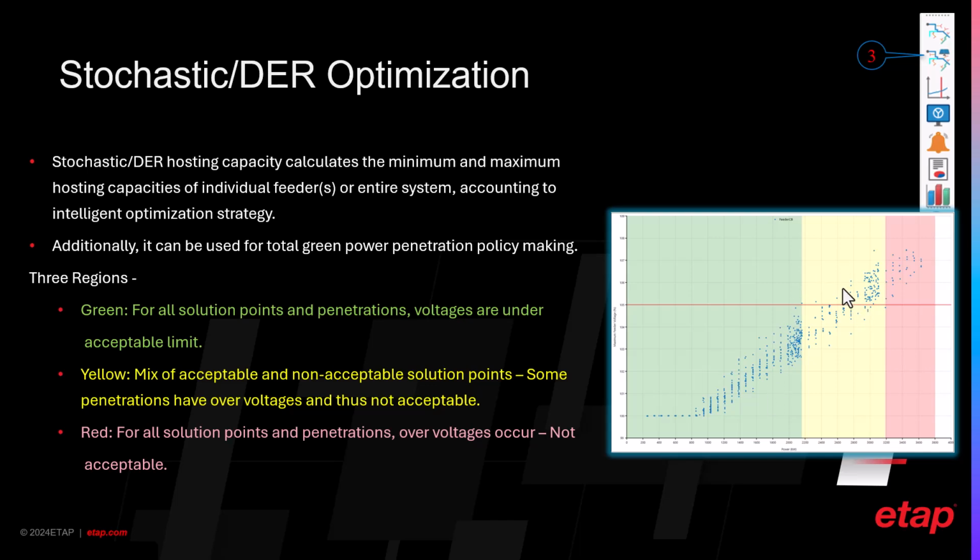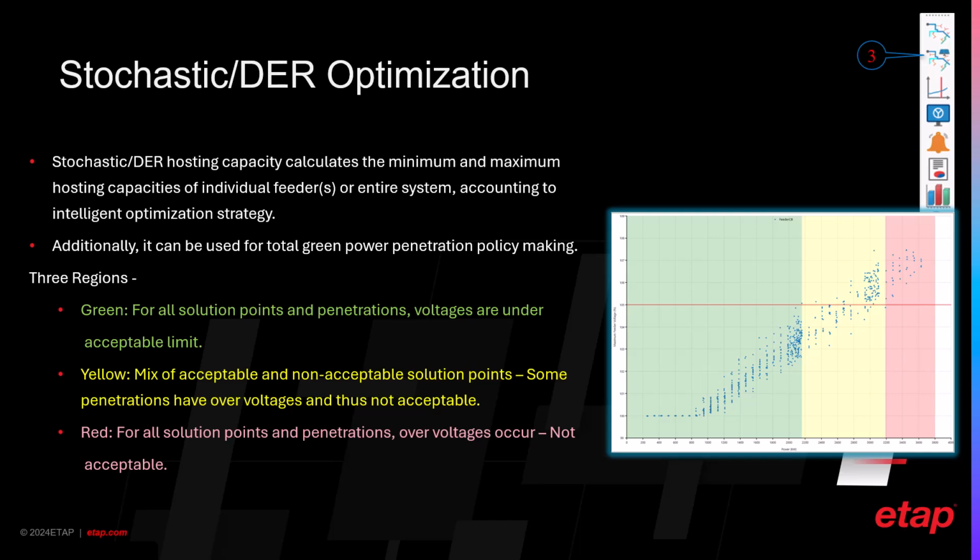The second region that we move forward to, yellow, this is a mix of acceptable and non-acceptable solution points because you have certain combinations of buses that give you an overvoltage, but certain ones provide acceptable results in terms of less than 105%. So you could be either way depending on the combination that's chosen. And then you have the red region that's considered unacceptable because almost all of these combinations result in overvoltage of the system.